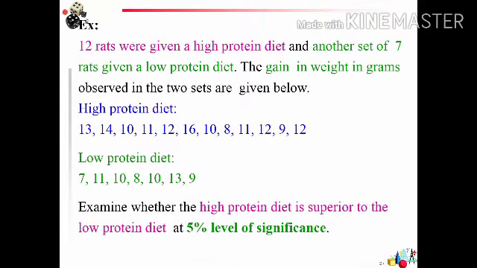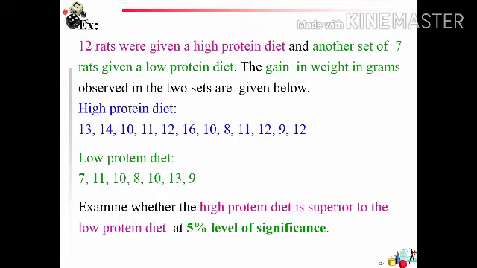For example, 12 rats were given a high protein diet and another set of 7 rats were given a low protein diet. The gain in weight in grams observed in the two sets is given below. So here we have two populations, one receiving the high protein diet and another receiving the low protein diet.